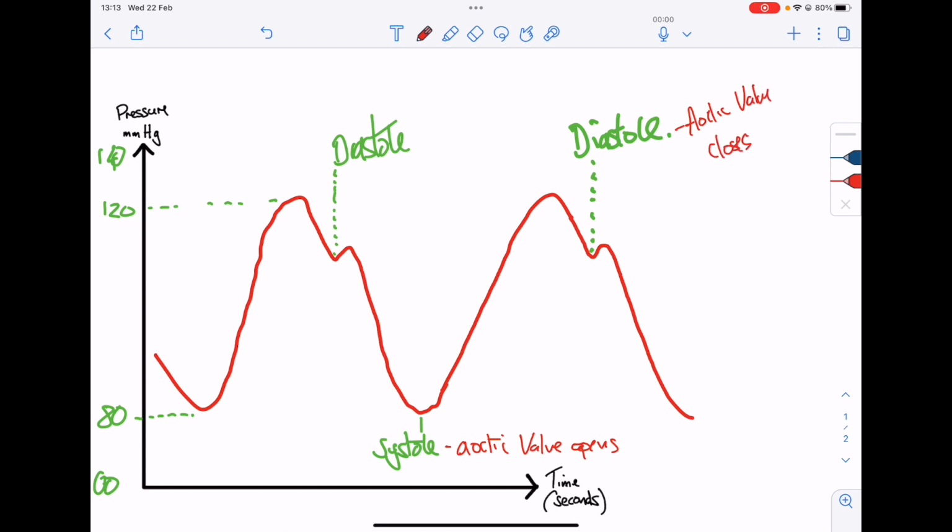You could mention here that, however, a pathological aortic valve, either regurgitating, stenosed or sclerosed, may subsequently not completely open or completely close. So I'm going to pause it there.